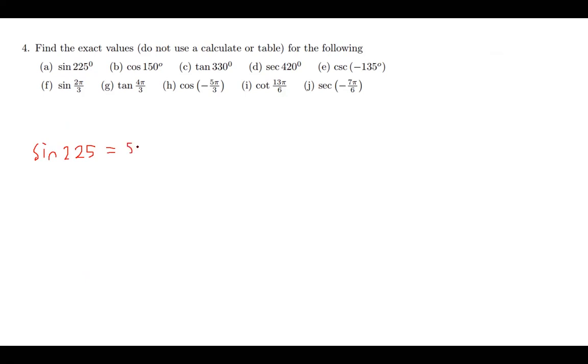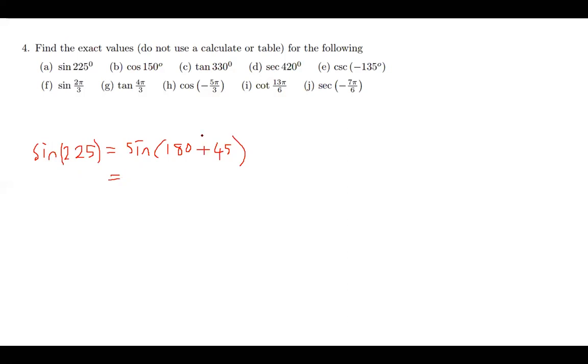So sine 225 is just the same as sine of 180, which is a special angle, plus 45. When you add these two angles, you get 225.